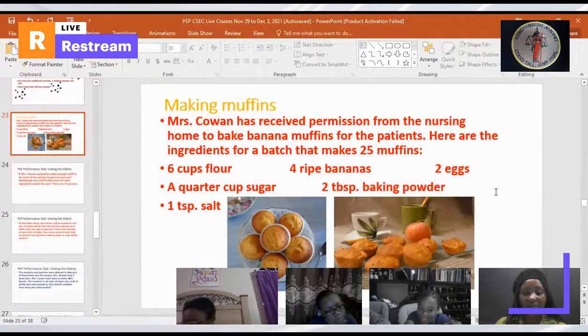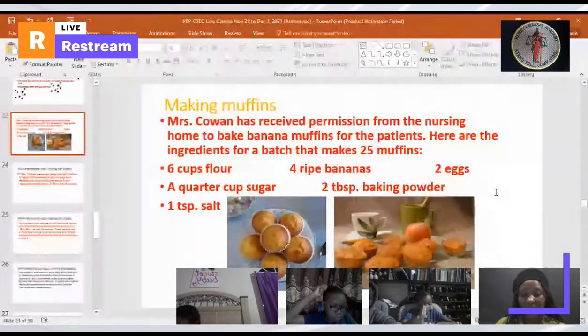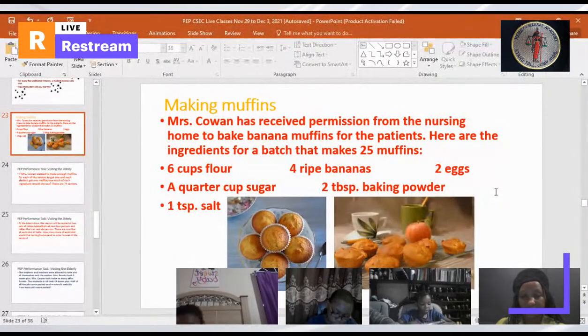Mrs. Cowan wants to make enough muffins so that each person gets one. She's not counting herself this time. She's counting the seniors and the students. She wants each student and each senior to get one muffin. How are we going to work out how much of each ingredient she would need?